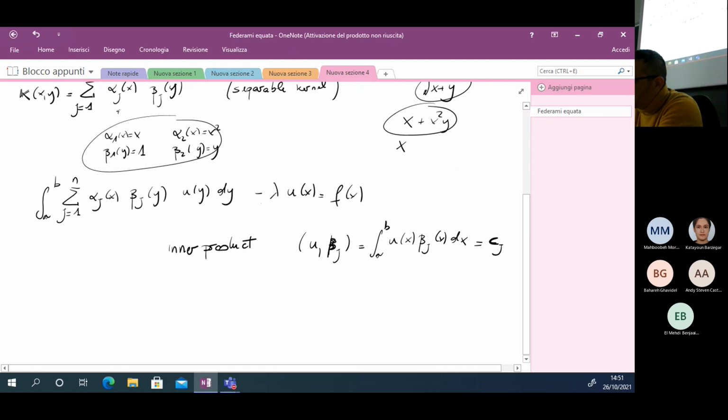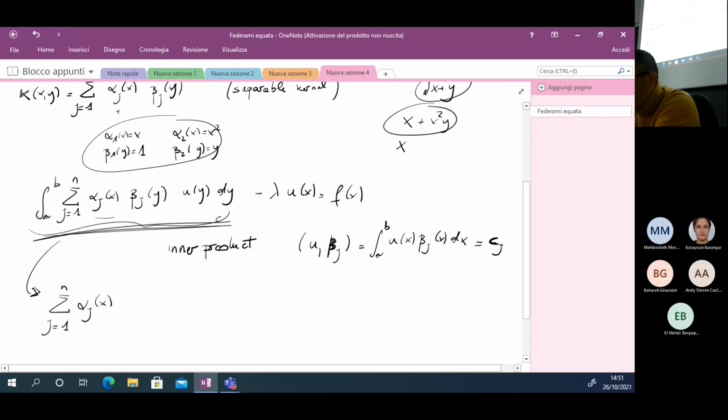Then how can I rewrite the first term of the Fredholm equation? I can put the sum outside the integral, and also alpha j of x, because these are functions of x and I'm integrating in y.